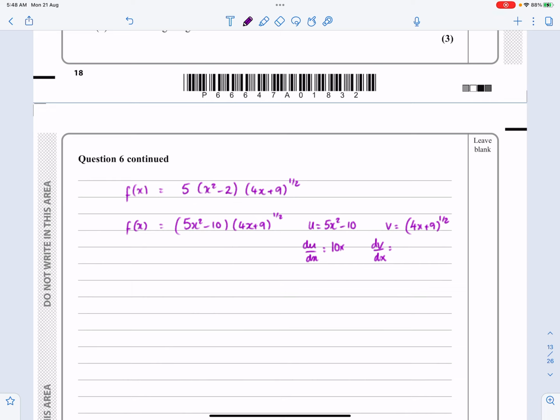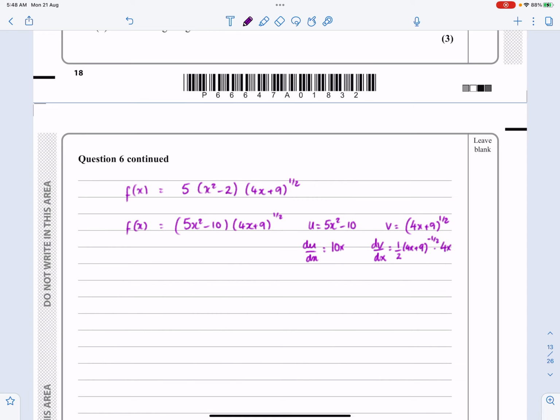Treat it as though it's something to the power of a half. The differential of something to the power of a half is multiply by the power, take one off the power. So it's that, but it's also the chain rule. So multiplied by the differential of what's in there, so multiplied by 4.